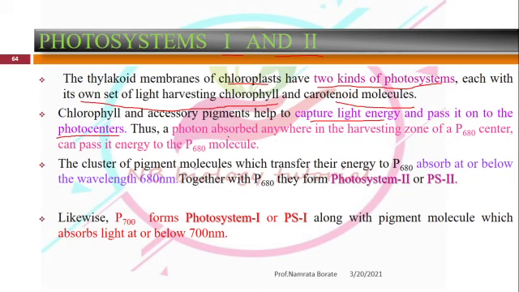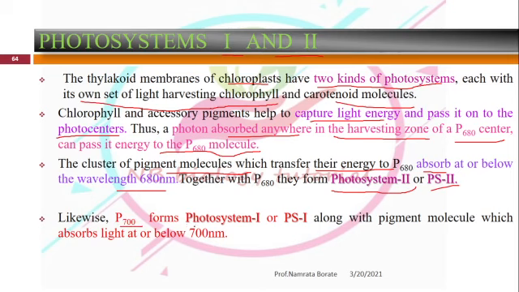Thus, a photon absorbed anywhere in the harvesting zone of the P680 center can pass its energy to the P680 molecule. The cluster of pigment molecules which transfers their energy to P680 absorbs at or below the wavelength of 680 nanometers. Together with P680, they form photosystem two, also called pigment system two.